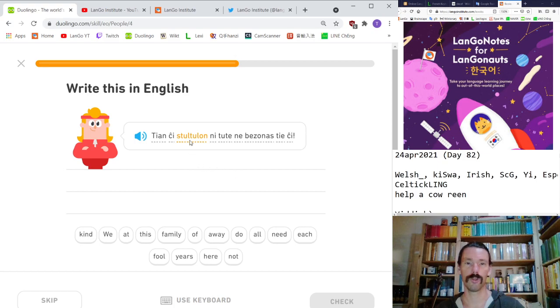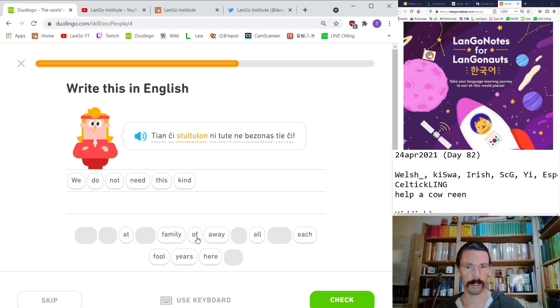Tian ĉi, stupid fool idiot. Need tute. Okay, so the word order is interesting. We do not need, tian ĉi, this kind of. Stultulo, a little dumb one, a little silly one.